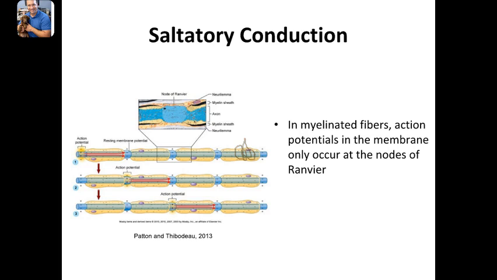So, what's the big deal with saltatory conduction? It makes the nerve fire very, very fast. Rather than going all the way down this wire, the action potential, or the nerve impulse, is going to hop like this. It's going to leapfrog. 1, 2, 3, 4.